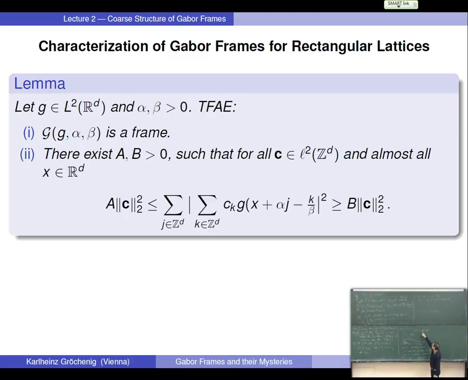If you change parameters, then points near 0 are close to each other, but as you go further out, if you take alpha k, beta l, and now you take alpha prime k, beta prime l, these points may be far apart. So points that are naturally associated to each other may be far apart. So this is really a deformation.